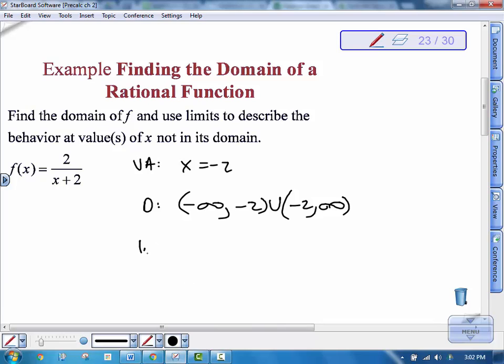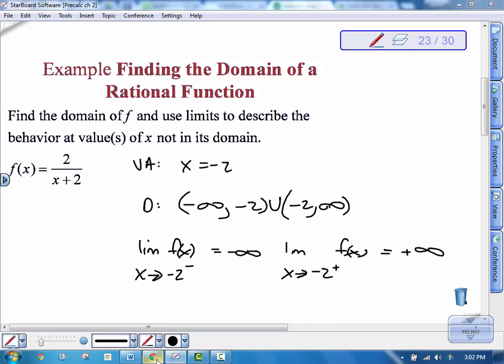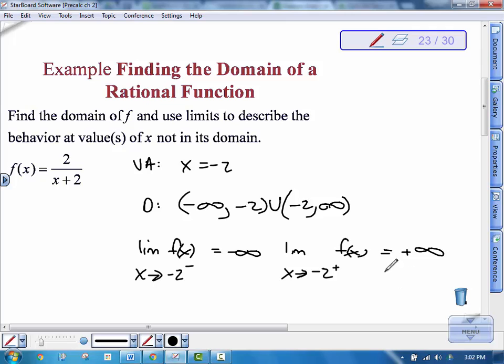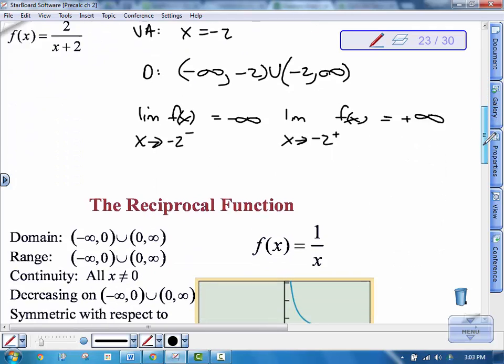So we would say it like this: the limit of the function as x approaches -2 from the left goes down to -infinity, and the limit as x approaches -2 from the right goes to positive infinity. Okay, so that's what they mean when they say use limits to describe the behavior if that is not in the domain.